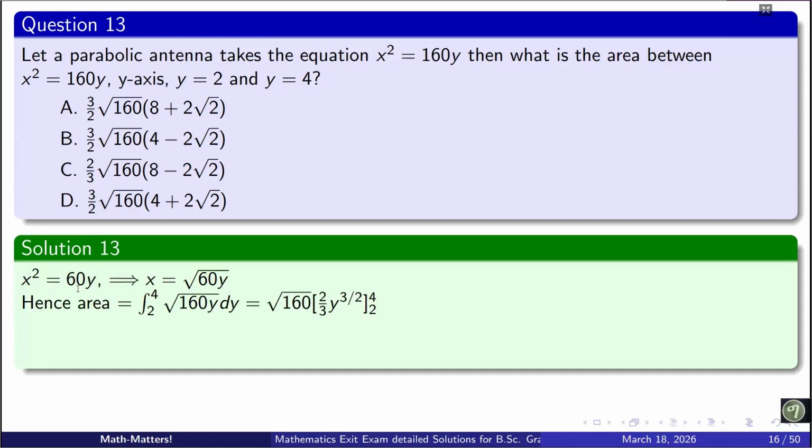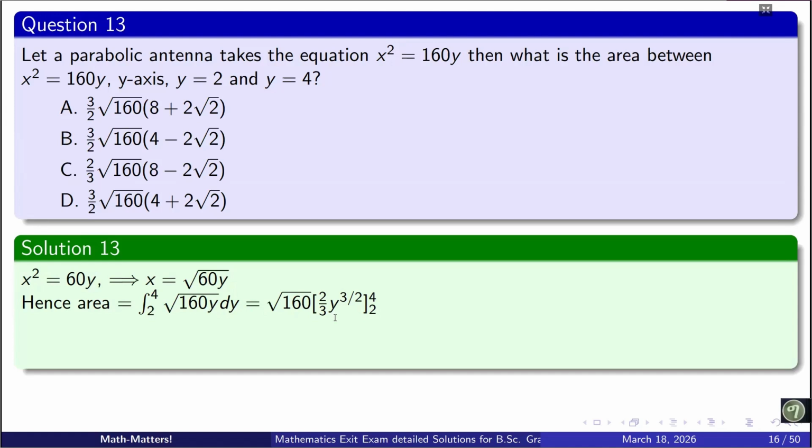Therefore, the area could be the integral vertically, from 2 to 4, of the square root of 160y dy. The square root of 160 is a constant, which we can take out from the integral, so the integrand becomes only the variable, the square root of y.